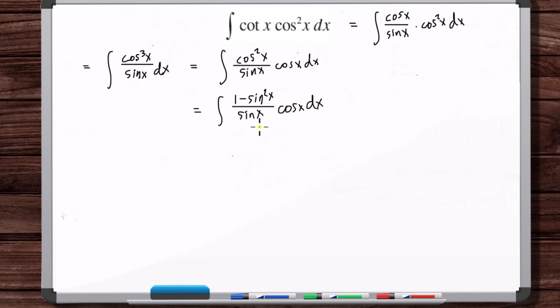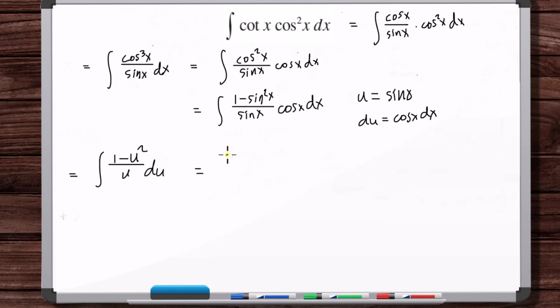and there we go. So now we have cosine x dx and then some function just of sine of x. So u is equal to sine of x, and du is equal to cosine x dx. So we've got 1 minus u squared over u du. You see?